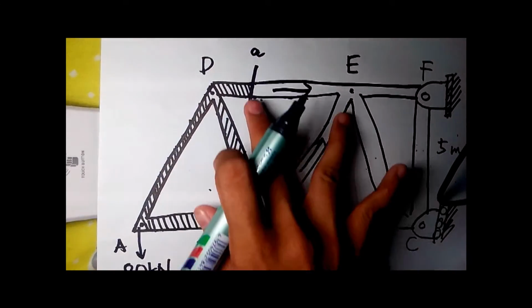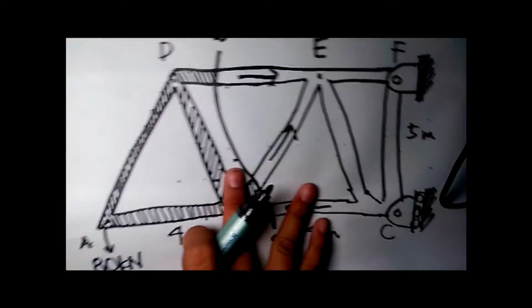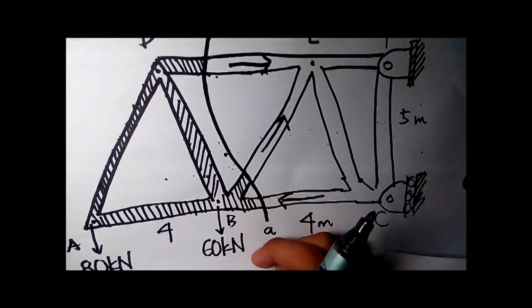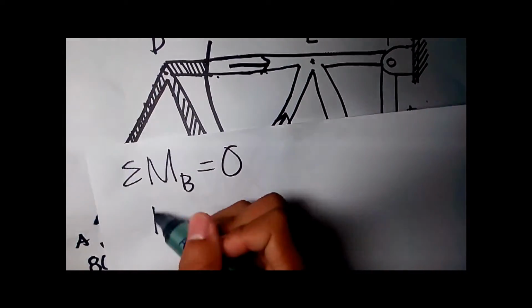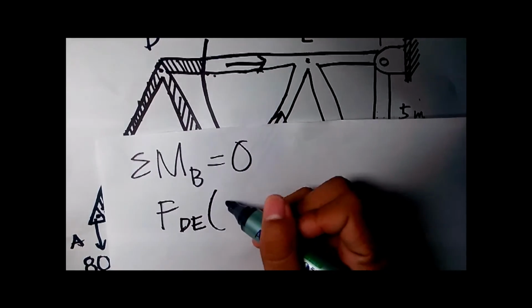The distance of force DE from B is 5. Since it is force times distance, so FDE by 5.